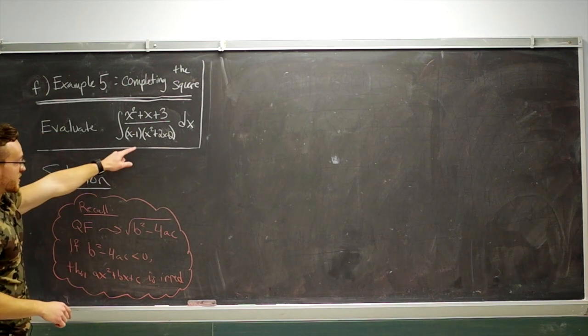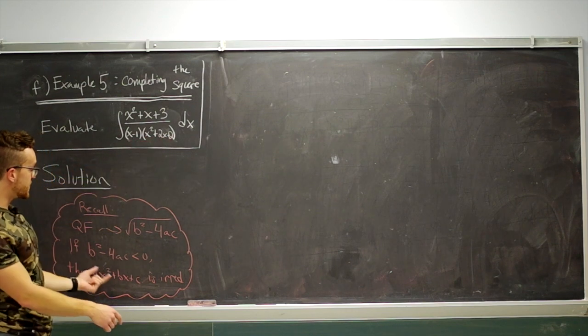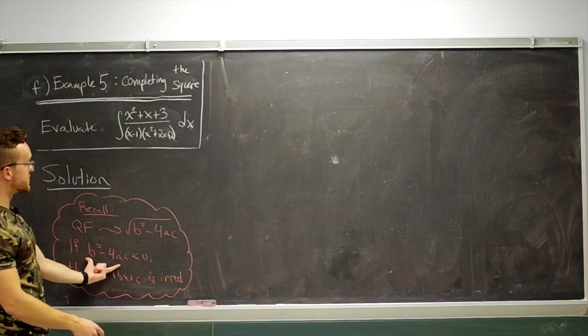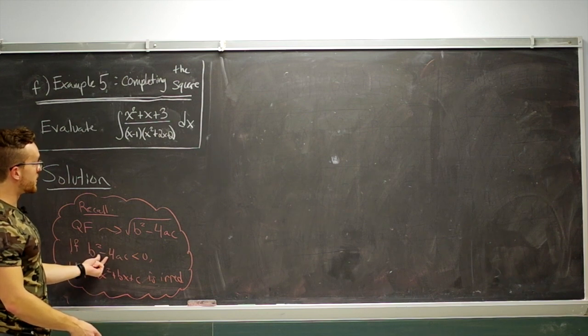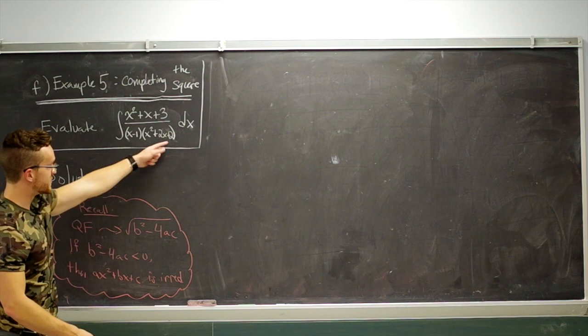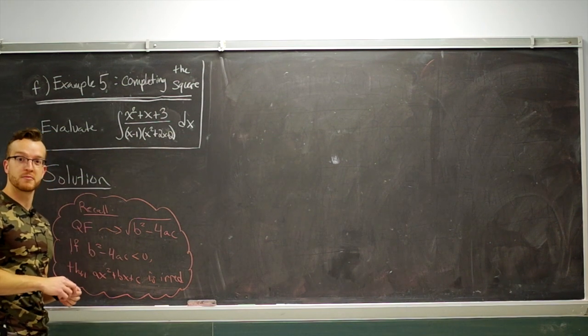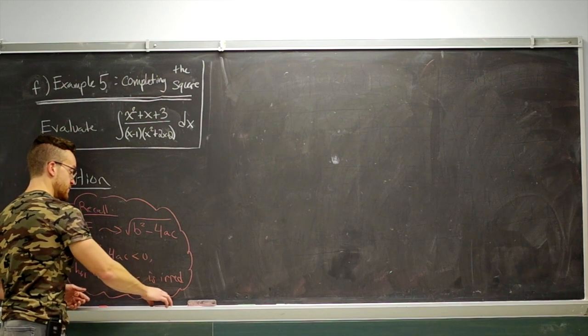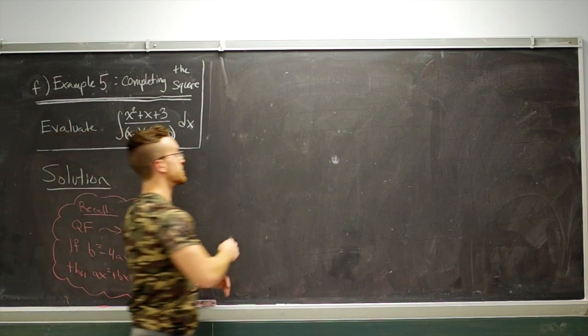Which is going to be the case here. A is 1, B is 2, C is 2, so b squared minus 4ac in this case is 2 squared, which is 4, minus 4 times 2, which is 8, so it's like 4 minus 8, which is negative 4. So we cannot factor this anymore. Let me write that down in my solution.